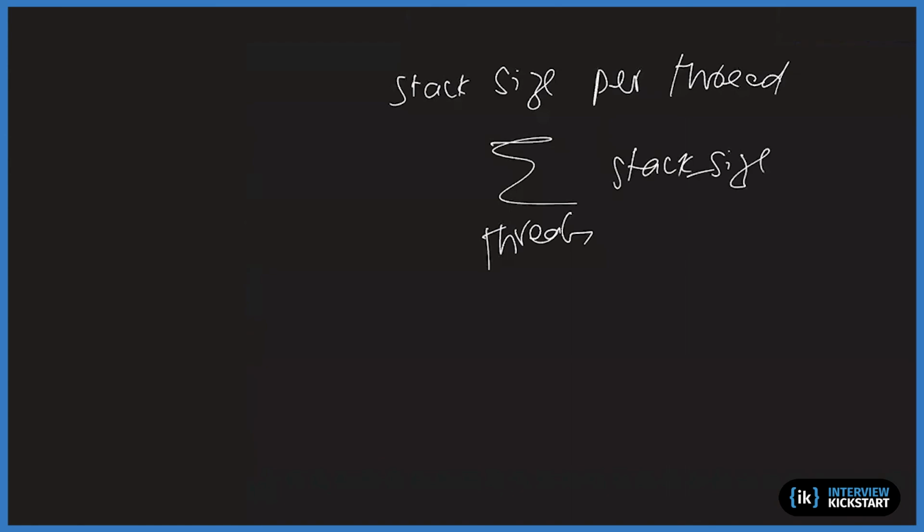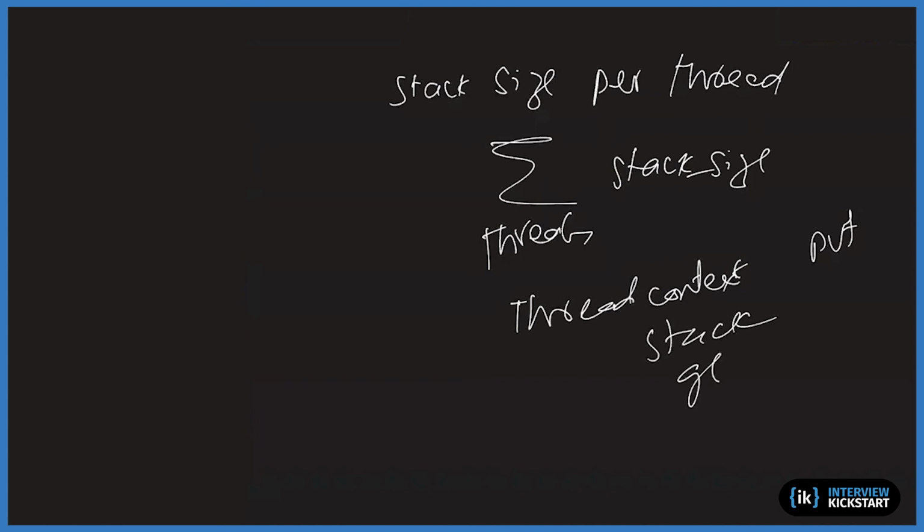So you don't know how much to configure for each thread. So you may want to configure as little as possible so that your total stack usage is not wasted. And therefore, even though, yes, you're right, the thread context is private, it could be in the stack, or it could be a global variable in memory in the C sense. But in either case, not shared. That is the most important.